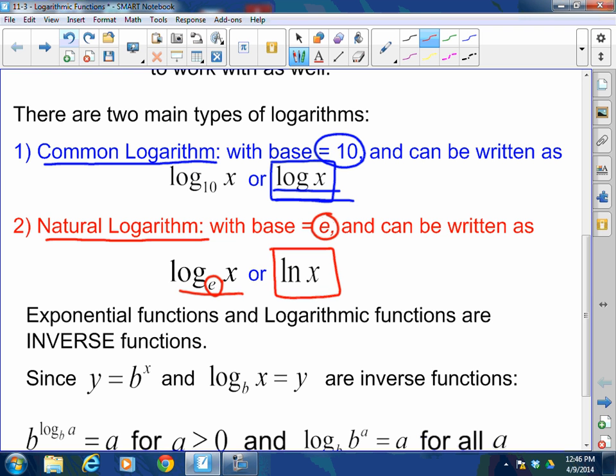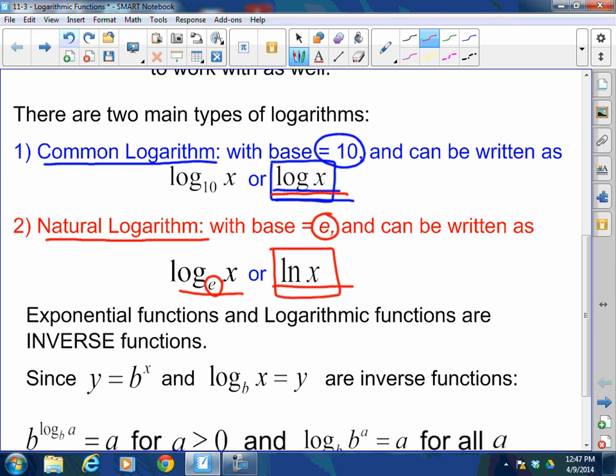When you see ln, you know that that's a log with a base e. So if you just see log by itself, base 10. You see ln, that's a log of base e.